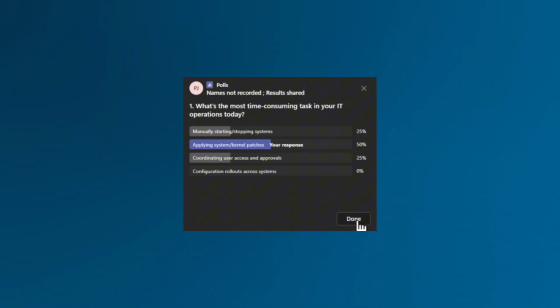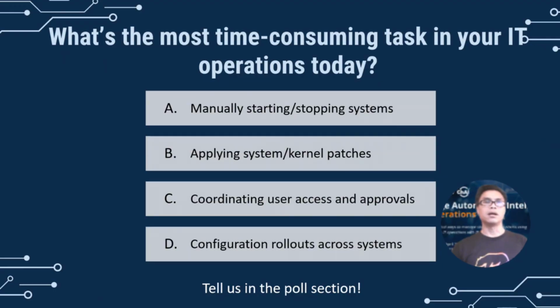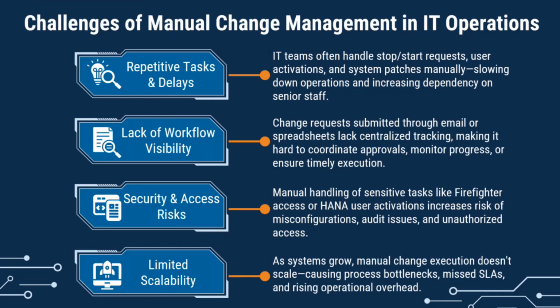Okay, let's go through our next part and talk about what type of challenges come with manual change in IT operations. Through the implementation of change, we know there are a lot of repetitive tasks. There are delays in implementing changes, everything from cross teams to system patching, or things that slow down operations.